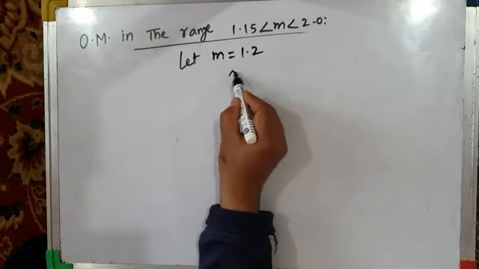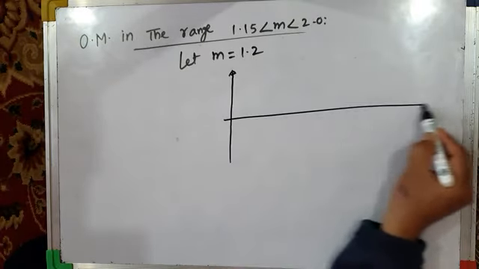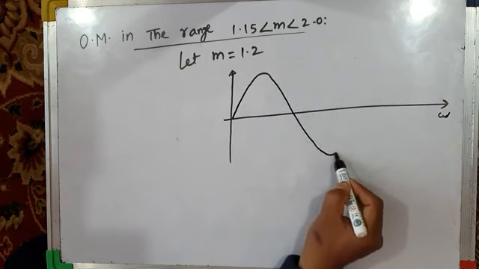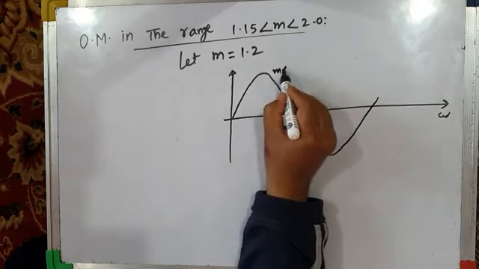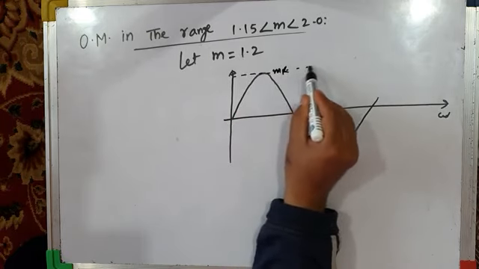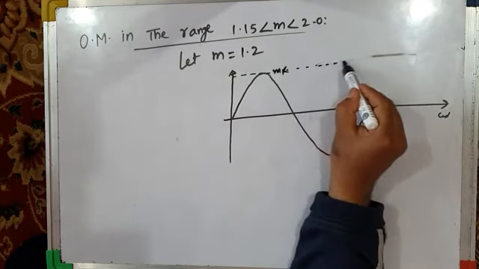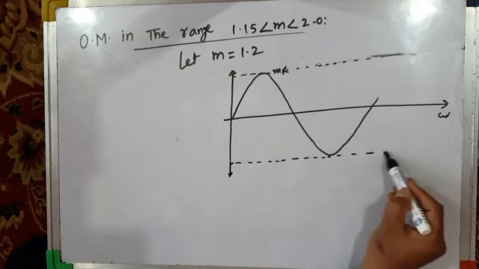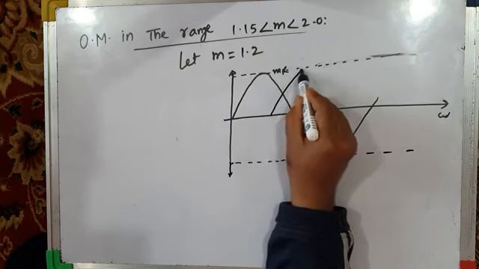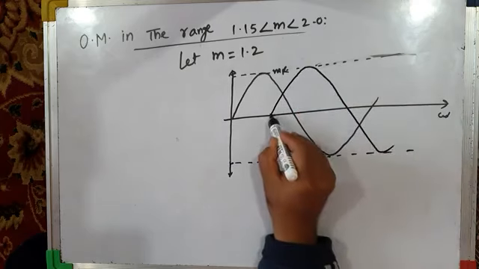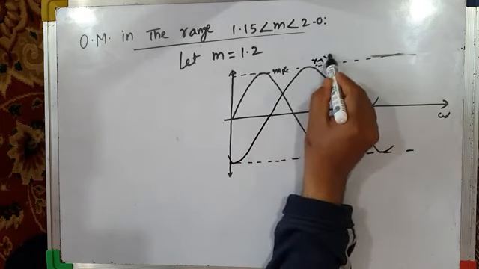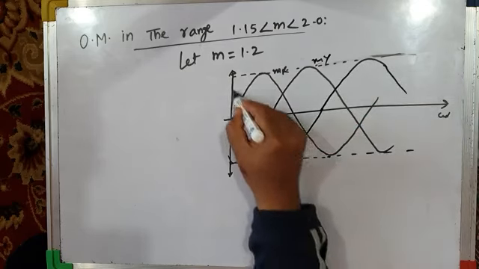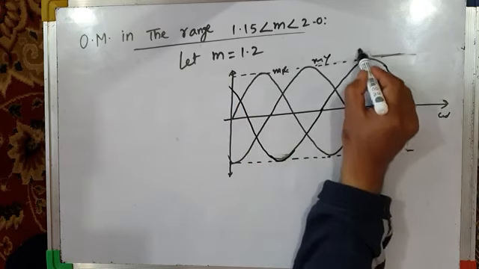Okay, so therefore our modulating sinusoidal waves will be like this. This is MR. This is MY and this is MB.